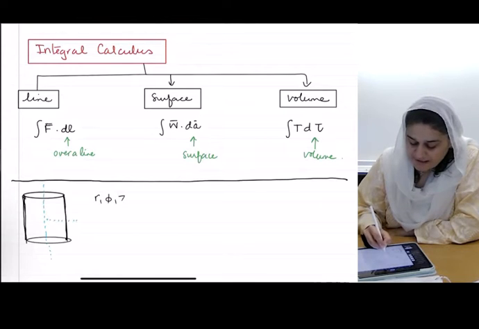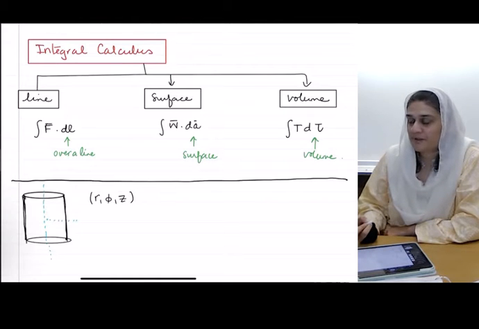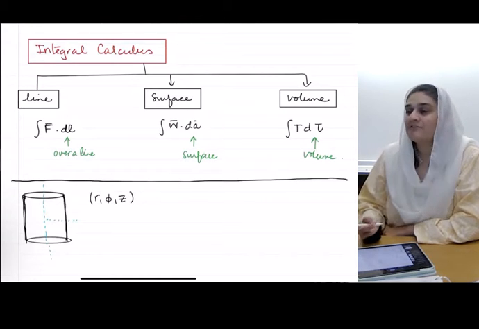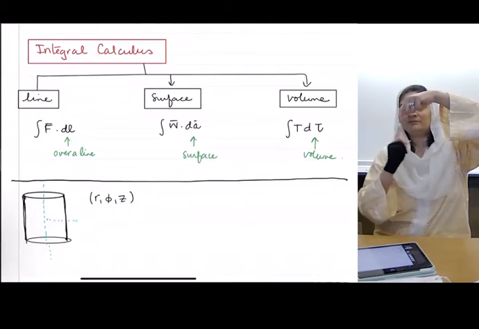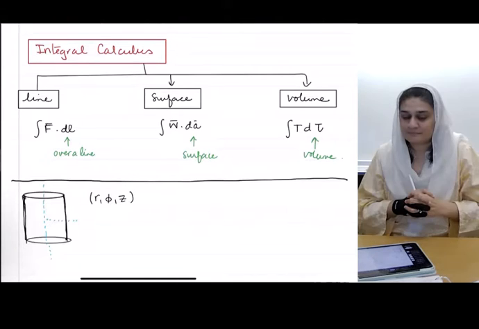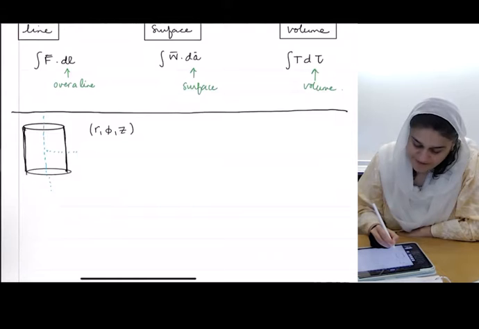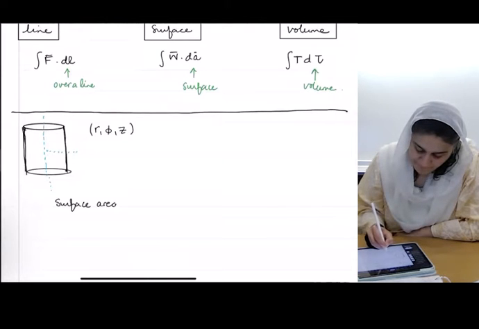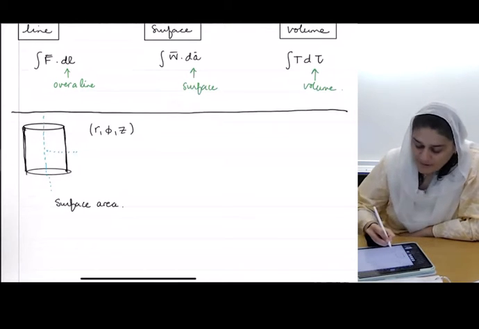R, phi, z. Where r is the radius, phi is the sweep angle that makes it go around, and z is the height. So if I was going to ask you to find the surface area, what would it be?